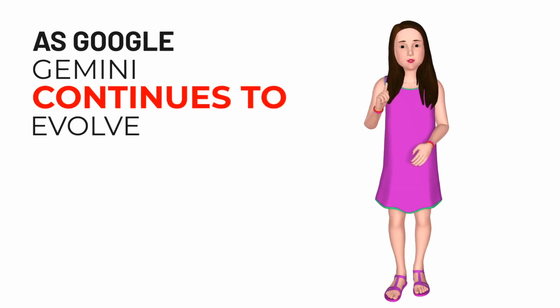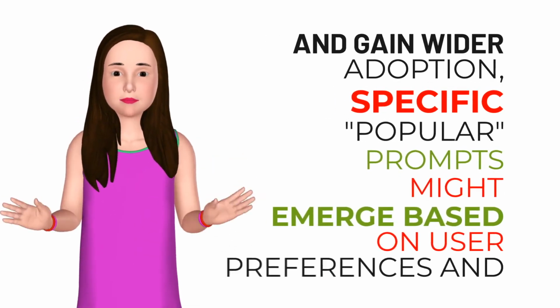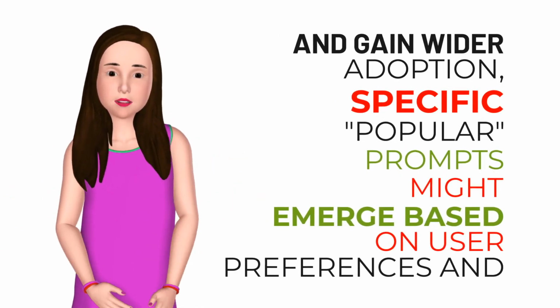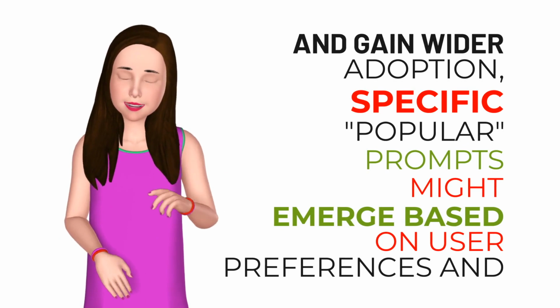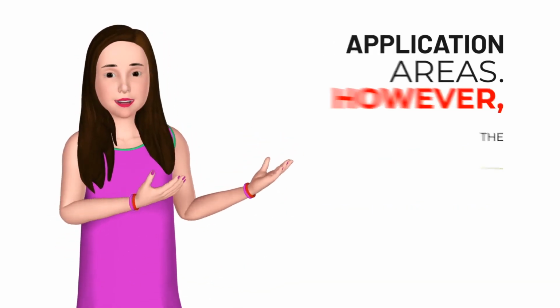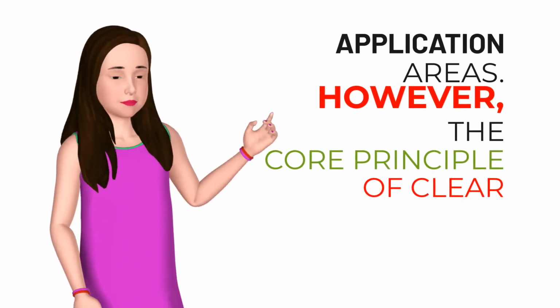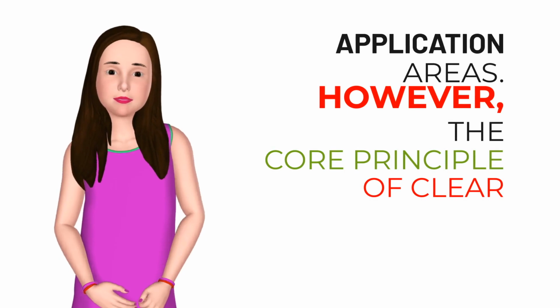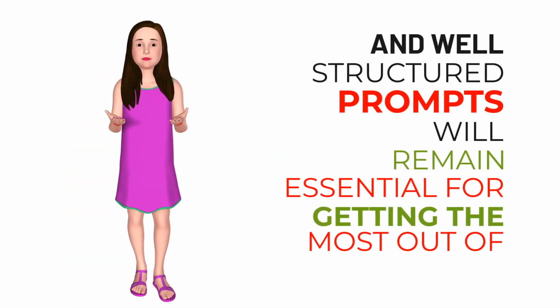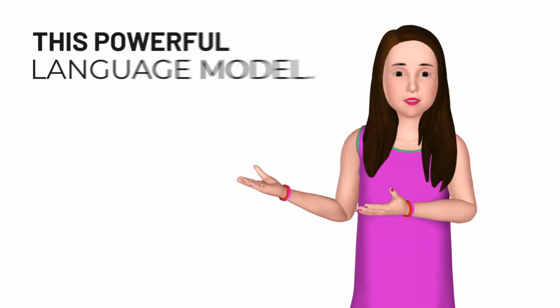As Google Gemini continues to evolve and gain wider adoption, specific, popular prompts might emerge based on user preferences and application areas. However, the core principle of clear and well-structured prompts will remain essential for getting the most out of this powerful language model.